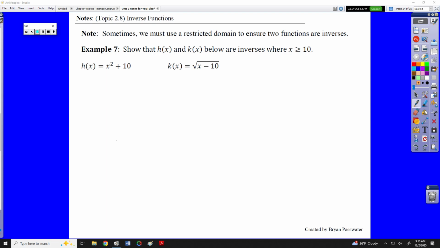There are multiple inputs with the same output, which means that technically the inverse of h of x would not be a function. However, by restricting the domain to x is greater than or equal to 10, we're only looking at 1/2 of h of x, which means that we don't have that problem.